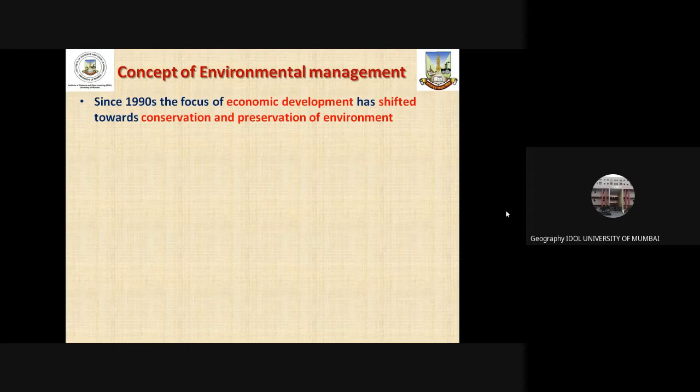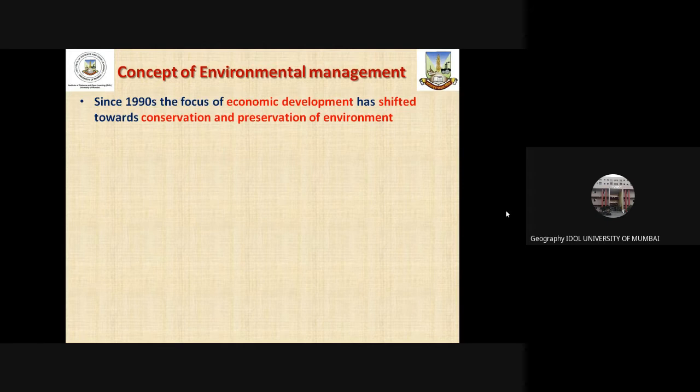However, there was little focus on conservation of natural resources and also on protecting the environment from degradation.